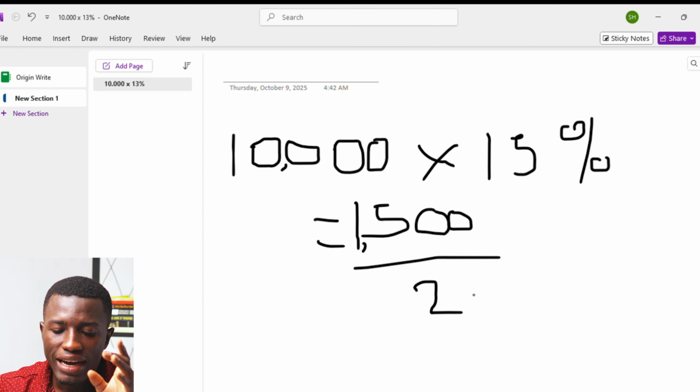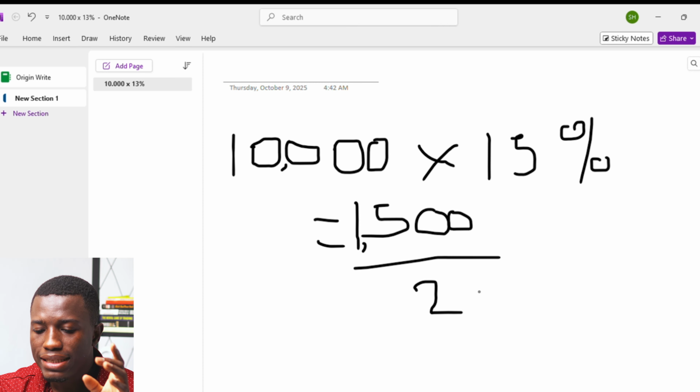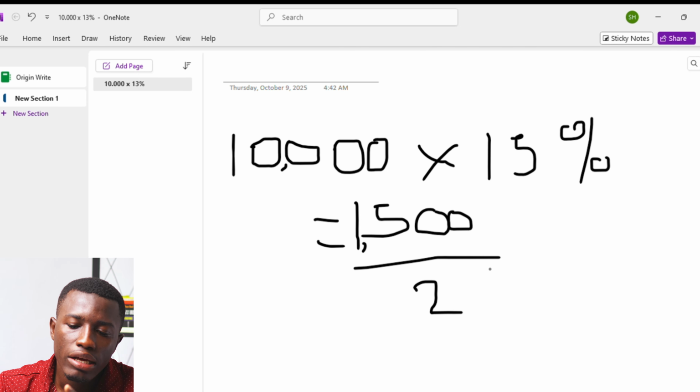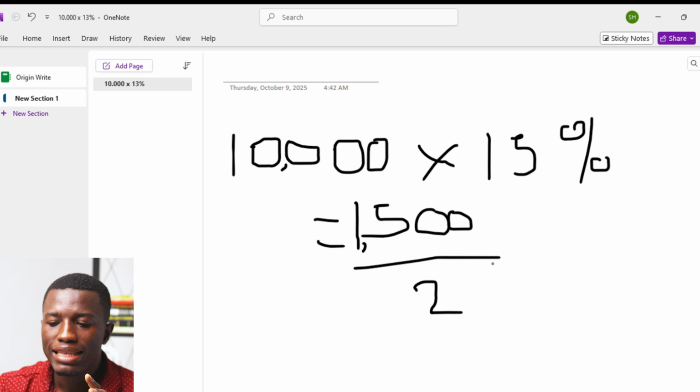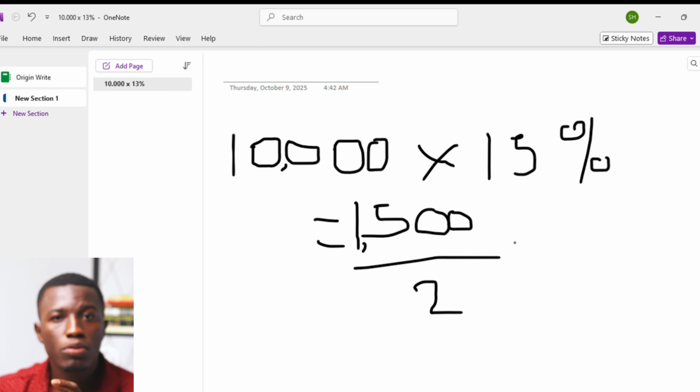So if you divide it, you'll make 750 Ghana cedis with the 15% on your 10,000. So at the end of the day, if you invest the 10,000 for a duration of 6 months, you should be able to make it.